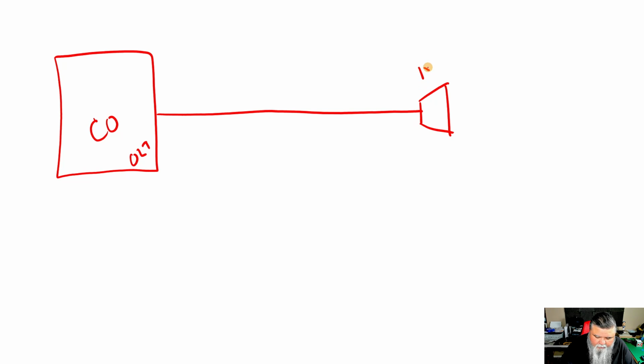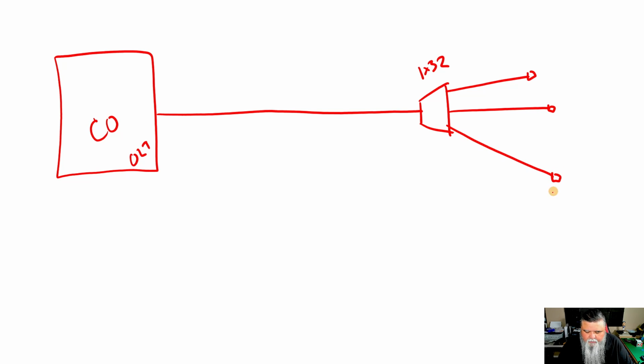We'll call this a 1x32 splitter. Then we'll have these individual fibers coming off of the splitter to a terminal. And then from the terminal, we will go to the home where we have our ONT. So from a very high level, this is what we're looking at here, right?